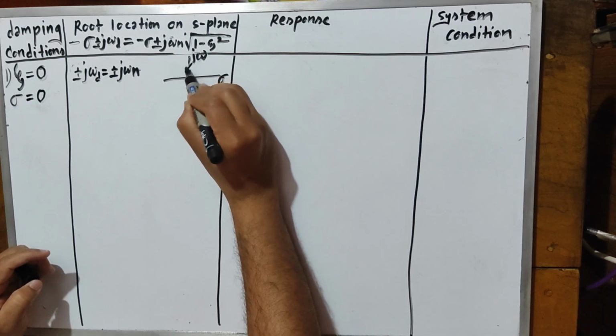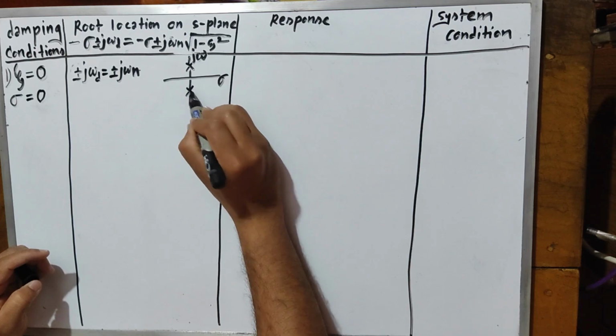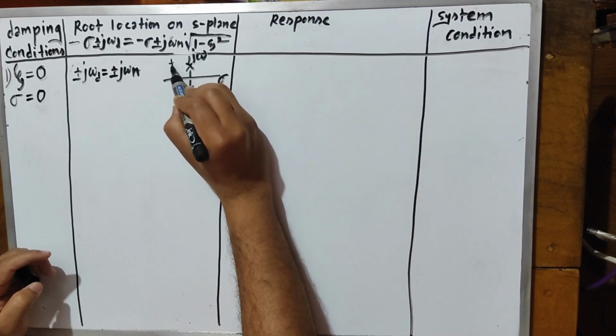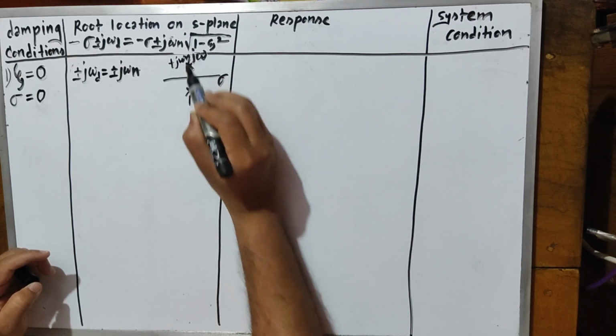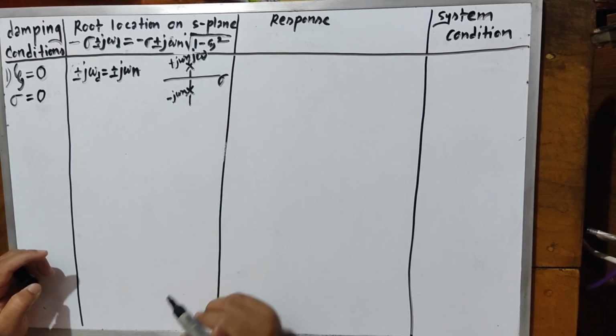So the roots are exactly on the imaginary axis. This is plus j omega n, and this is minus j omega n.